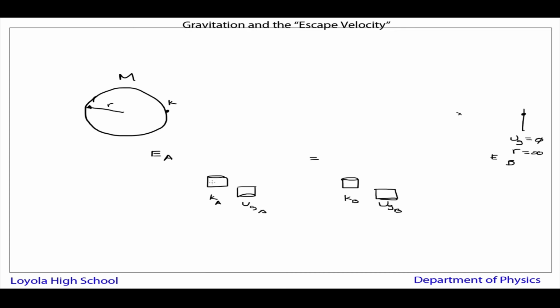I'm on the planet and I do have kinetic energy because I have some rockets that are going to boost me. I'm not at infinity, so I do have some gravitational potential. Now, the minimum amount of kinetic energy means I travel and I slow down, so my kinetic energy at B is going to be zero.